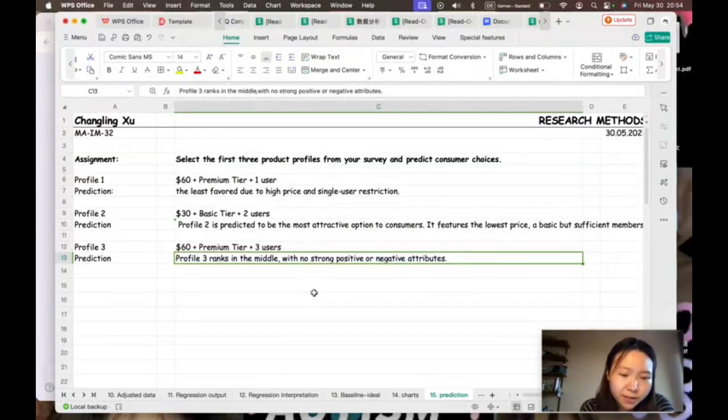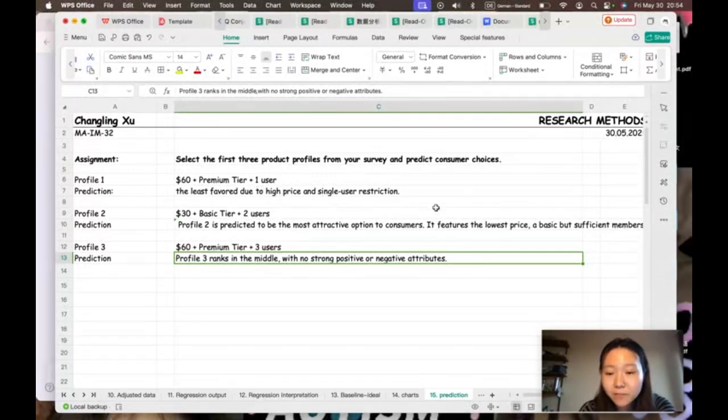Profile 1 is $60 plus premium tier and 1 user. It is predicted to be the least favored due to the higher price and the single user restriction. The second one is $30 plus basic tier and 2 users. Profile 2 is predicted to be the most attractive option to consumers.